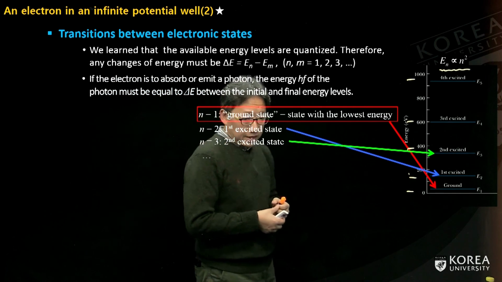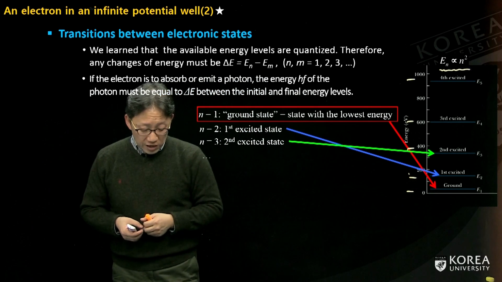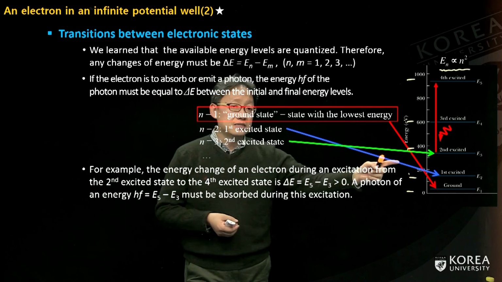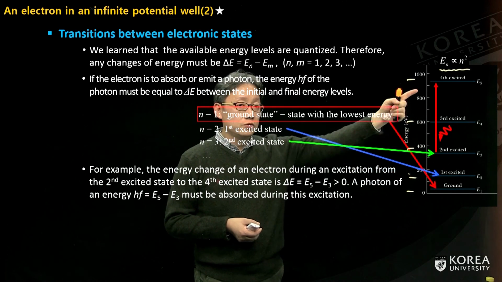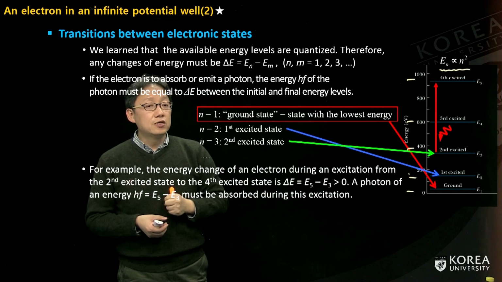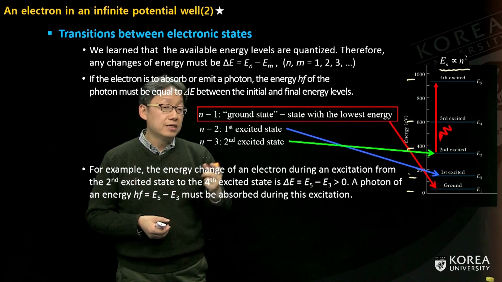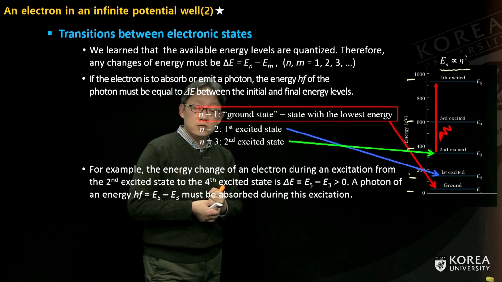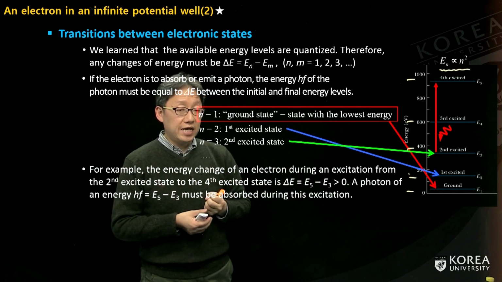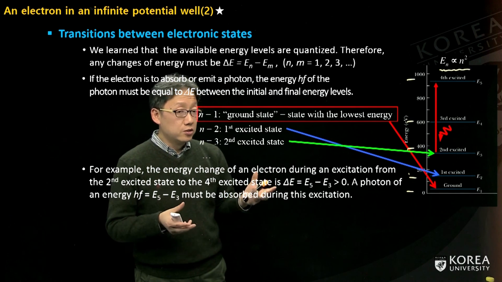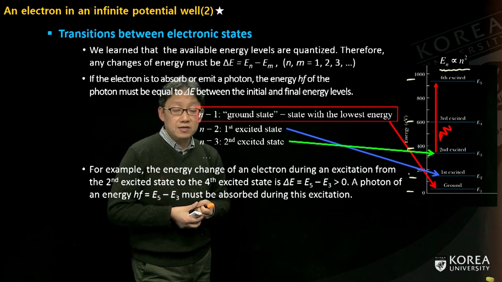Okay, and now suppose one electron originally on the second excited state moves up to the fourth excited state. It means the total energy of this electron has been increased. According to the conservation of energy, this much energy cannot be created, so it has to come from somewhere. From where can it be?